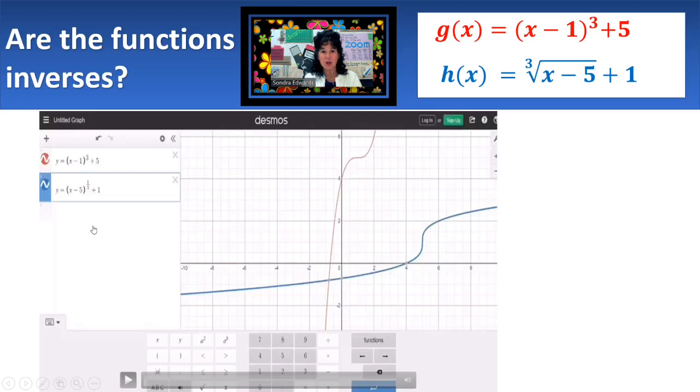So an exponent of 1/3 is the same thing as the cube root of x minus 5. Similarly, if I had a square root, I could write to the power of 1/2 instead.